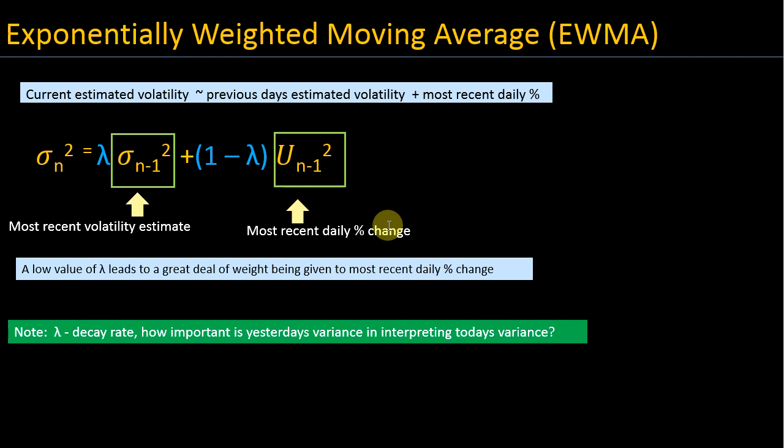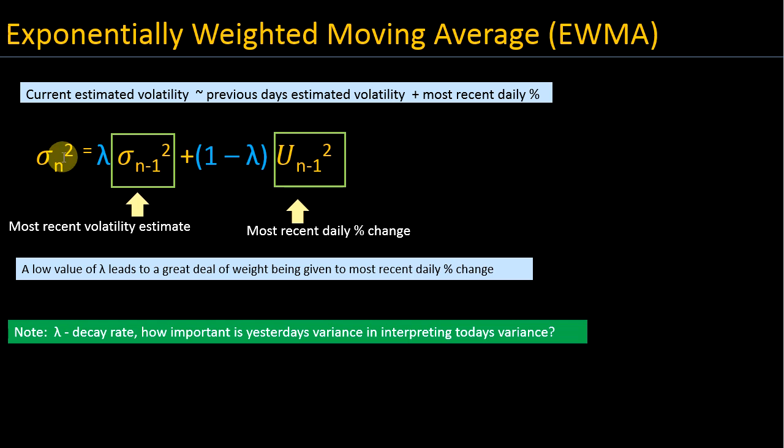Now the daily percentage change, you can also take it as a log of the daily percentage change, which means you are assuming that the day-to-day changes are continuous. So simple as that. Now you can see your volatility estimate for tomorrow is based on two different components.